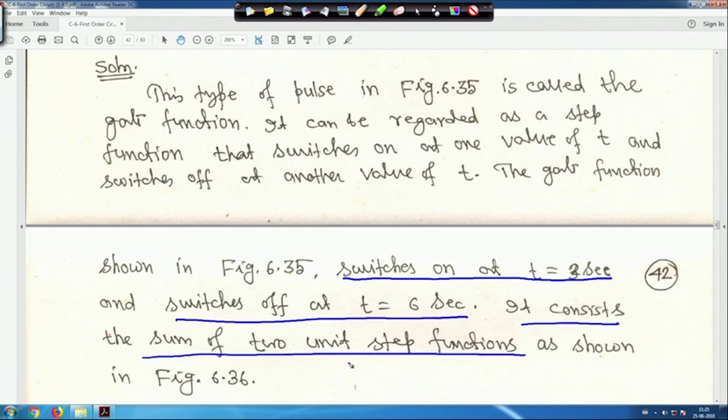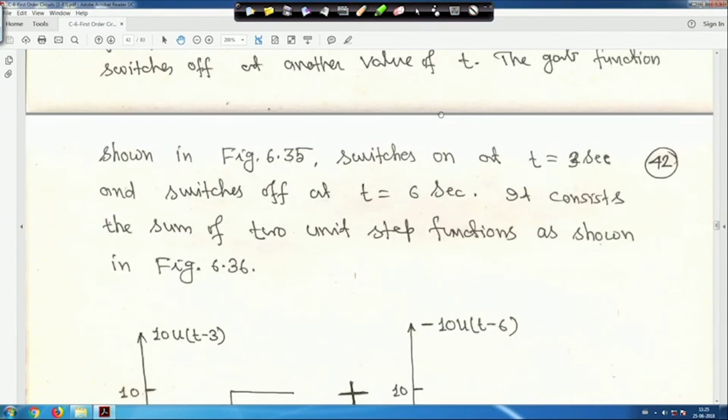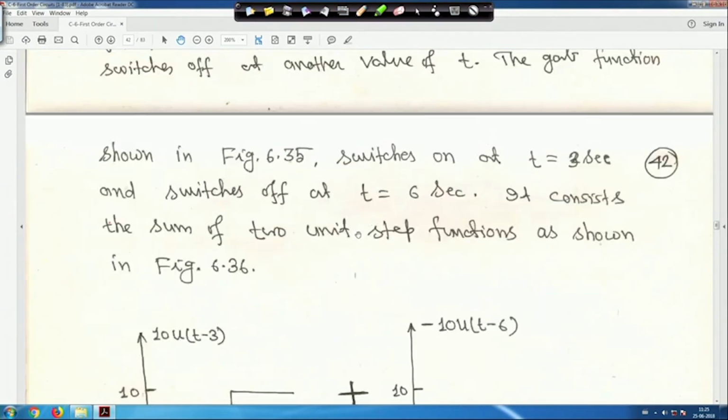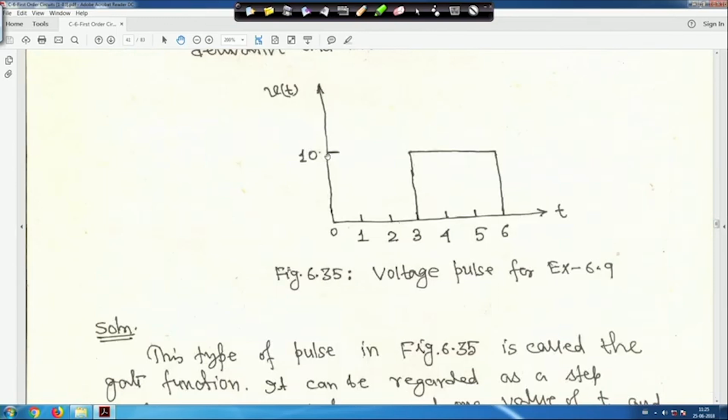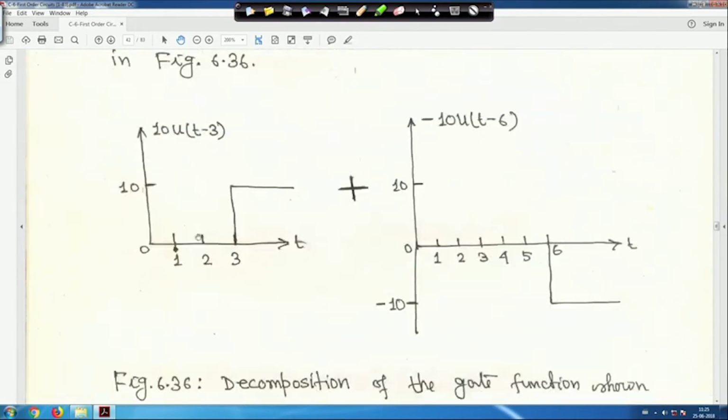So let us see how it is. When it is switching on, its value is 10 volt Vt. So when it is switching on at t equal to 3, this will be 10 u(t minus 3).